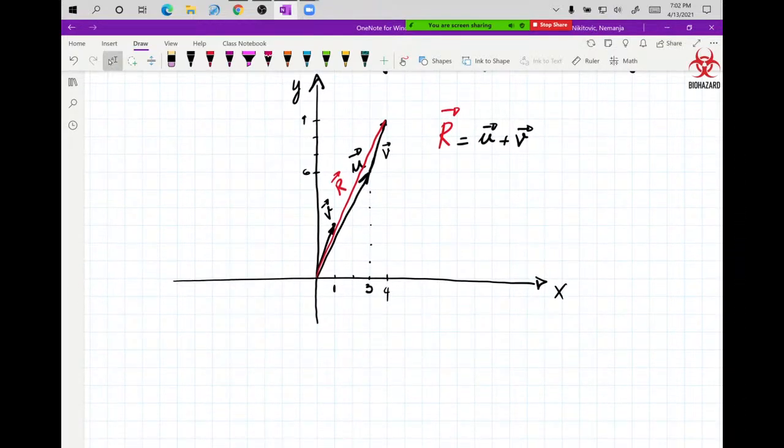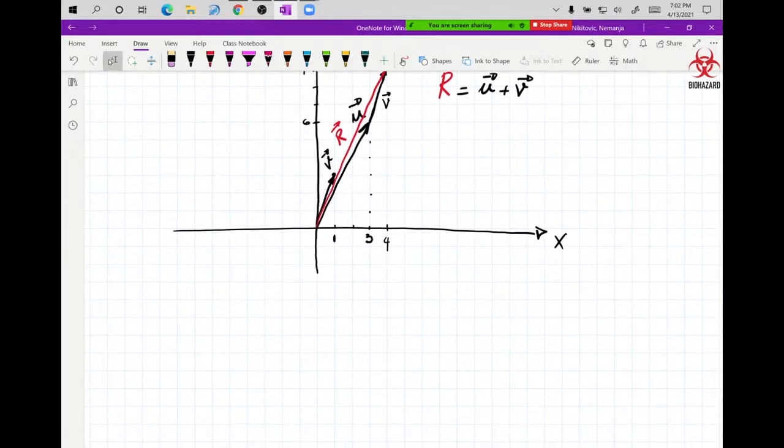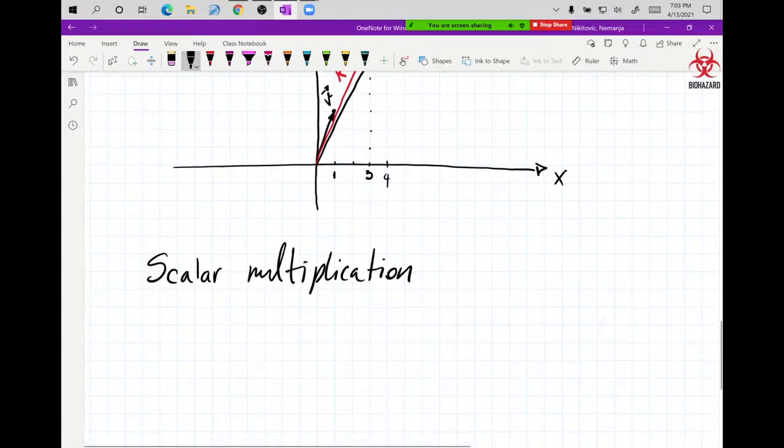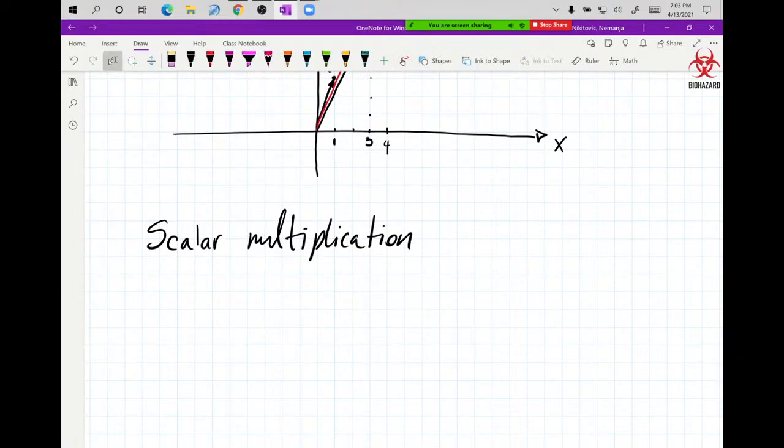Now, before we do subtraction, we have to talk about scalar multiplication, because subtraction actually doesn't exist. I know it's weird, but let's sit on it for a second. Scalar multiplication will change the magnitude of the vector, but not its direction.